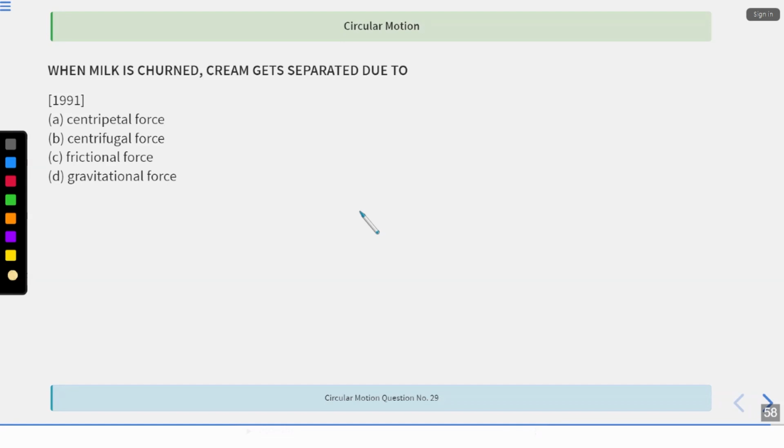Okay, so centrifugal force is actually a pseudo force that is equal and opposite to centripetal force. Centripetal force can be mechanical, electrical, or magnetic force. Okay, so basically our answer would be centrifugal force. Of course not frictional force, of course not gravitational force. If we would actually think, it would be either between centripetal or centrifugal force.